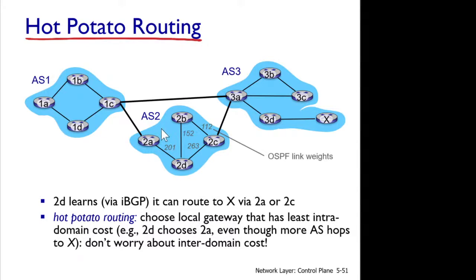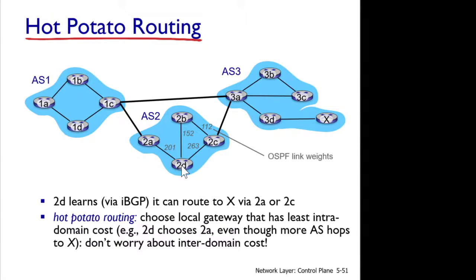So hot potato routing: choose the local gateway router that has the least intra-AS cost. In this case, if 2D has a datagram destined for X, where should it send it? The right thing to do, in my mind, would be to send it over to 2C and then get it over to 3A. But what it'll actually do is get it off the network as cheaply as possible via the other path.